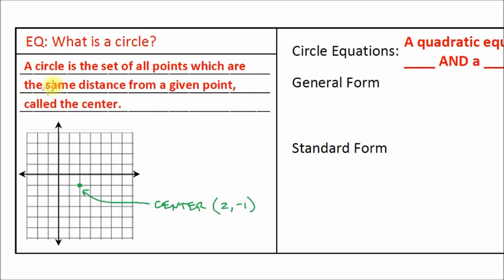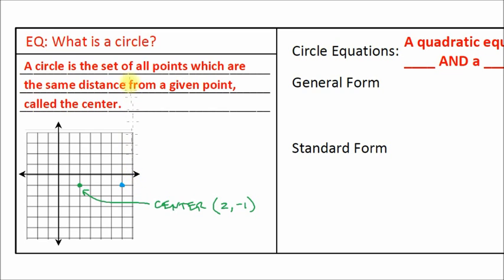This part of the description that says same distance, that's the radius. The radius of a circle is the distance from the center to every point on the circle. So let's make a point on our circle. We'll go 4 units over, so 1, 2, 3, 4.